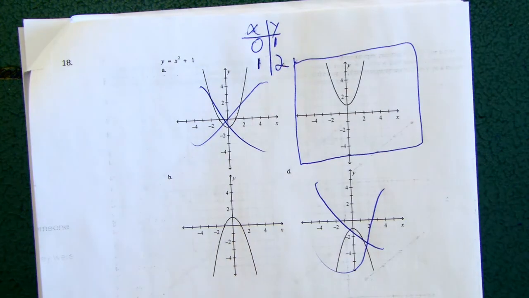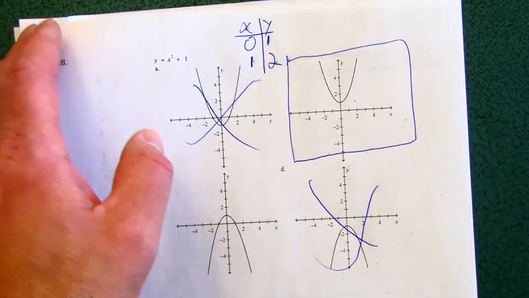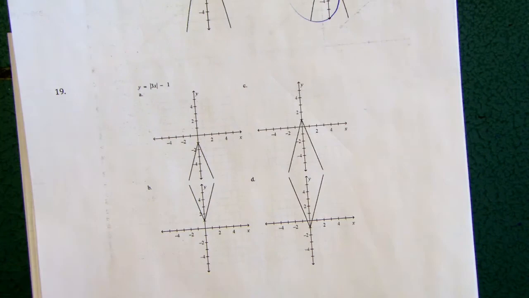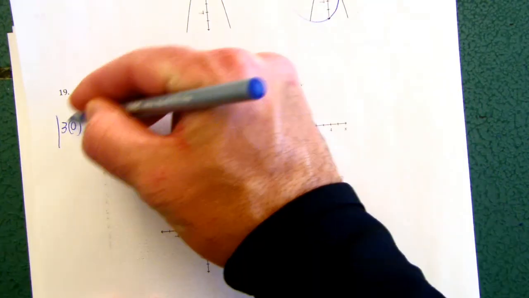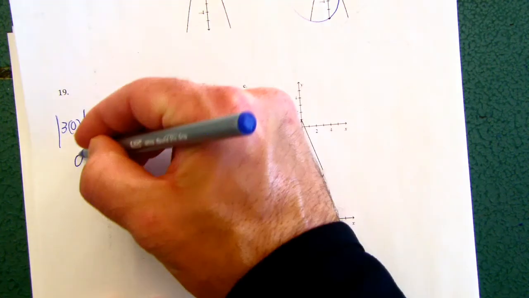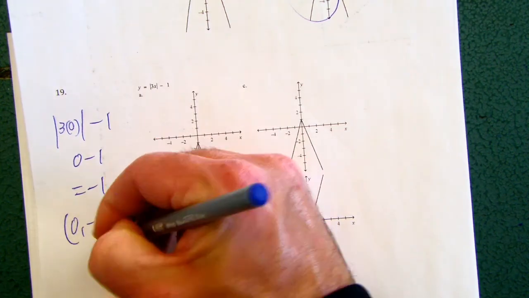So again, you don't have to exactly know the shape of the graph that you're going to get, but just start plugging in points that are on this graph and see what happens. Same thing down here. If I put 0 into this, 3 times 0 minus 1 is 0 minus 1, is -1. So I should have 0, -1 as a point.